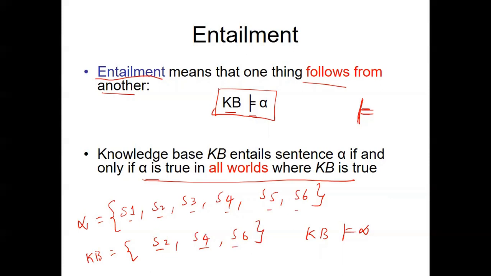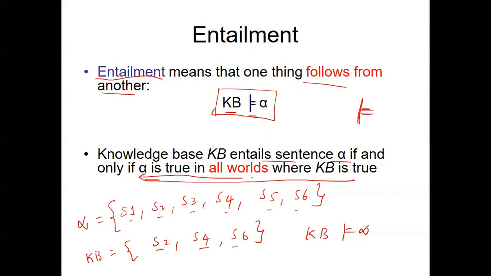Is that clear? So entailment means a knowledge base KB entails a sentence alpha if and only if alpha is true in all worlds where KB is true. Right? You should understand this properly.